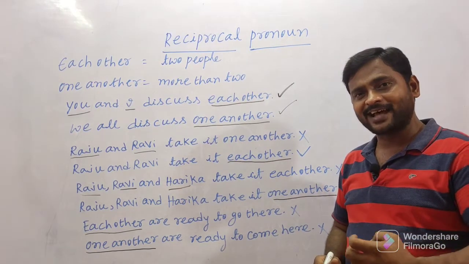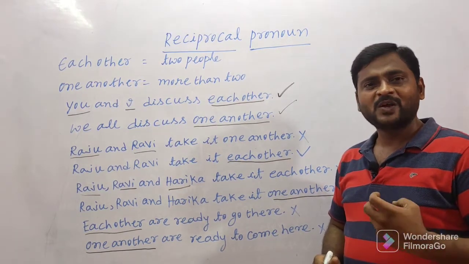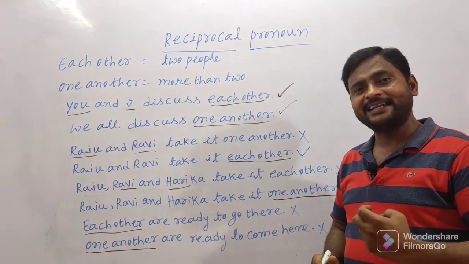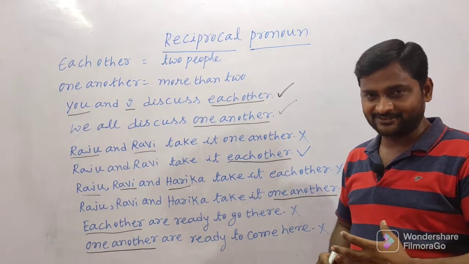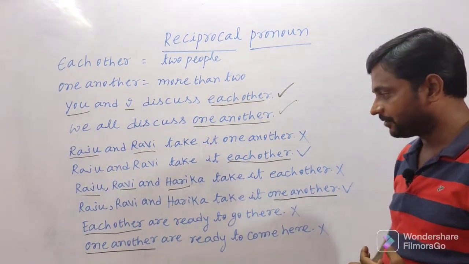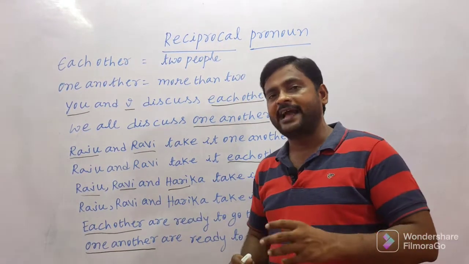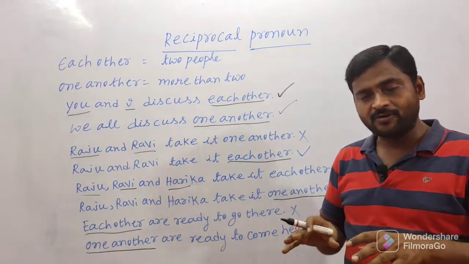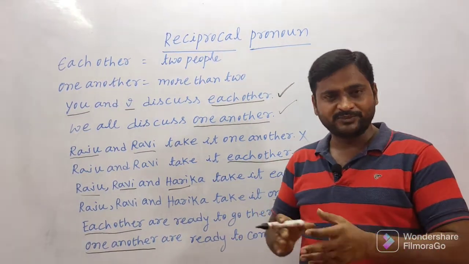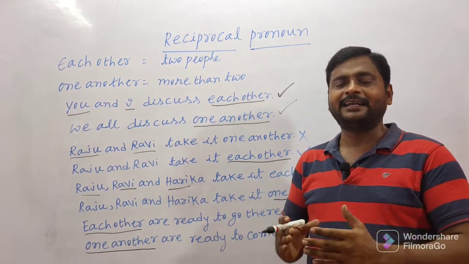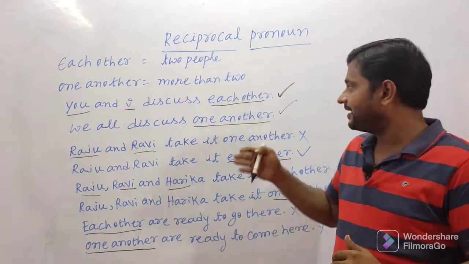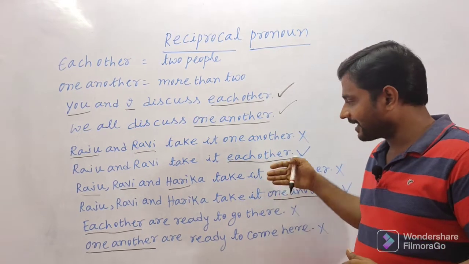If you apply that, it is a grammatically wrong sentence. That's why each other and one another we never use in the subjective position. It is possible to use them only in the objective position like this.